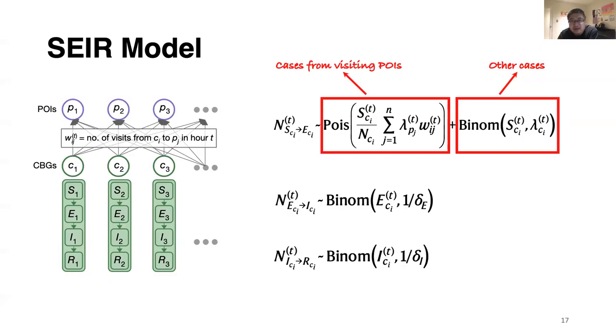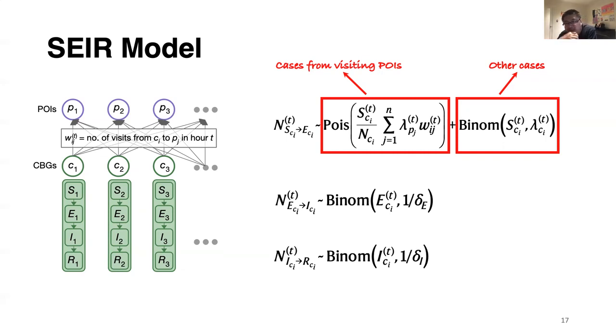There are W_ij visitors from CBG C_i to POI P_j at time t, and they assume that S_t over N fraction of them are susceptible, and the number of new exposures among those visitors is distributed as a Poisson distribution shown here.